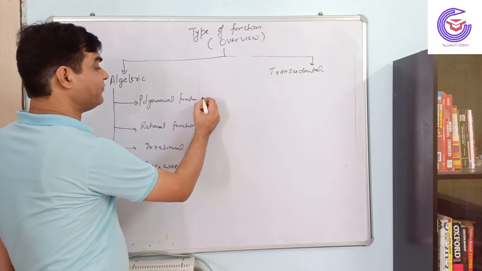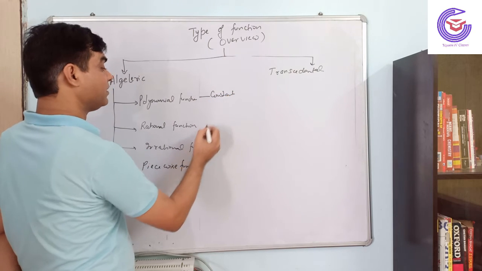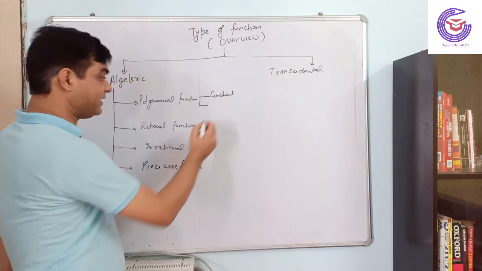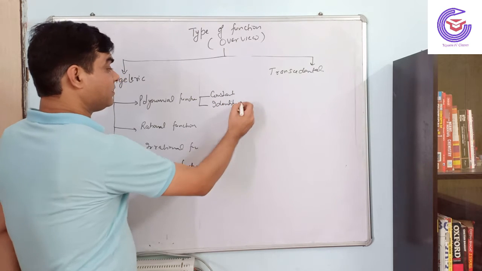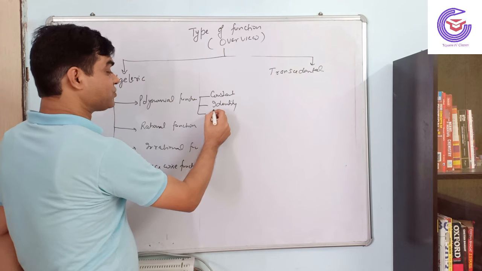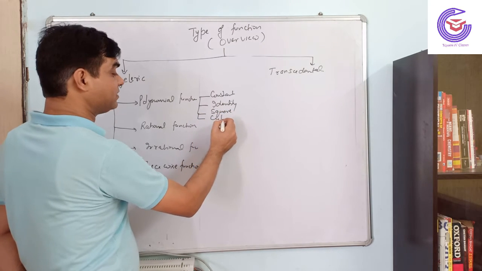Like in polynomial, we have constant function, then we have identity function, then we have square function, and cube function.